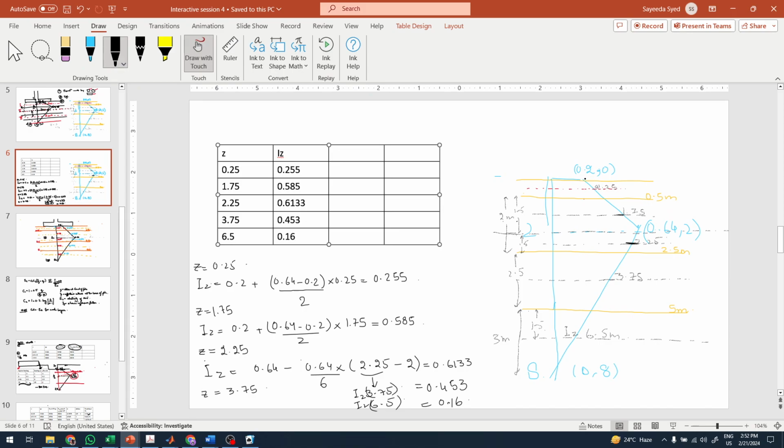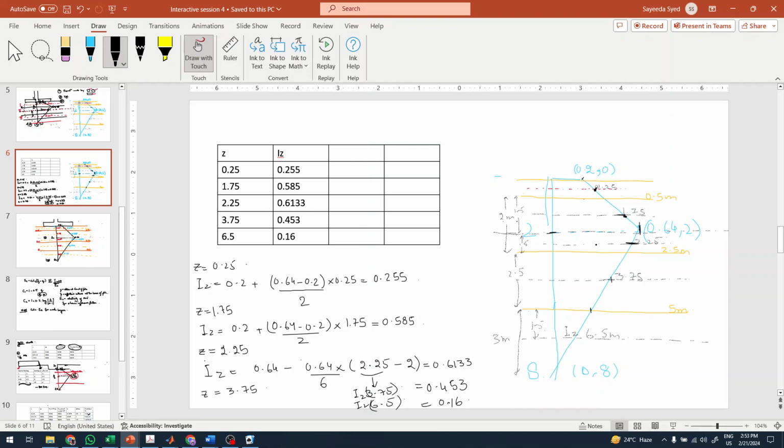So if it is 0.2 here and it is increasing up to 0.255 here, it's increasing again to 0.585, still it is less than our peak value, and then after the 2 meter mark it will decrease. So from 0.64 it's decreasing to 0.61, and then further decreasing and further decreasing. So yes, our values are making sense.